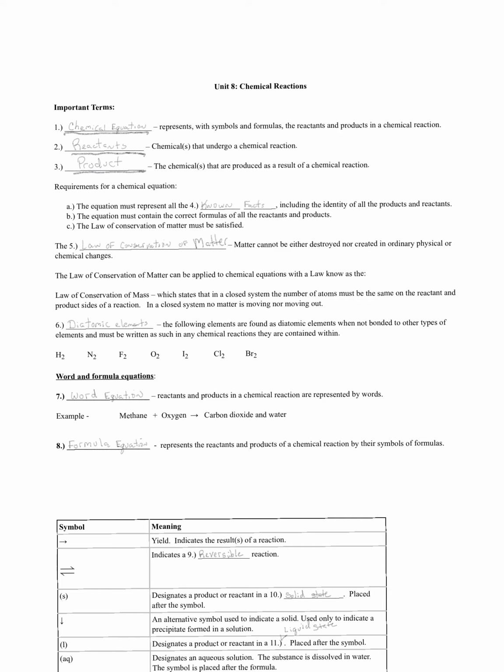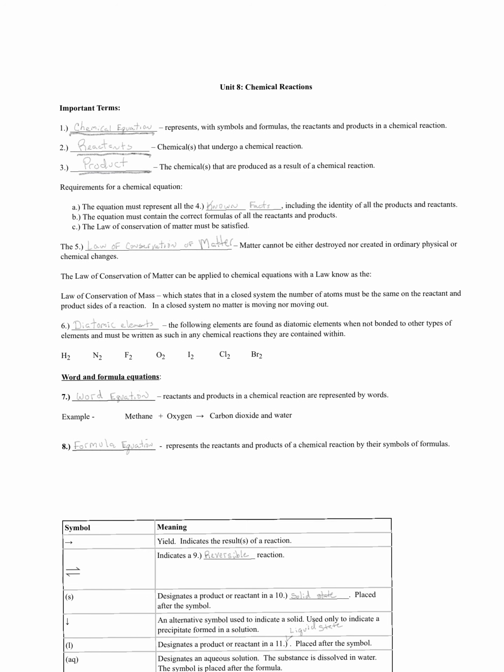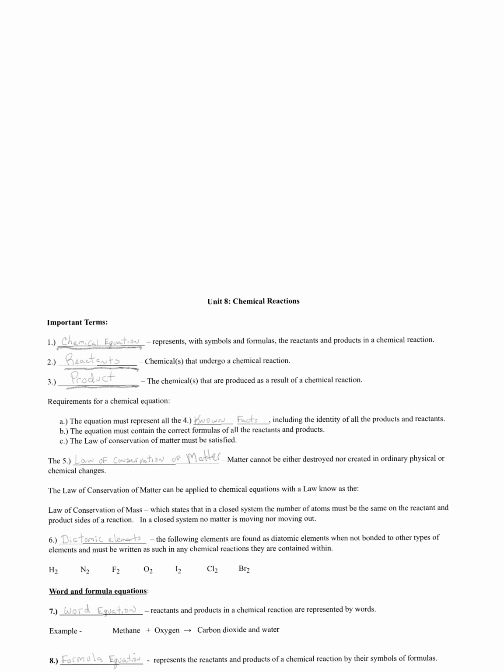So let me just do a hypothetical equation. I'm going to do it here on the top. Let's say that we had a chemical reaction and we have some hypothetical elements or substances. A is one chemical. B is another chemical.